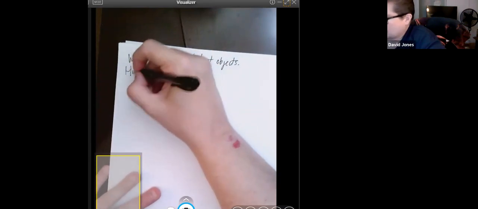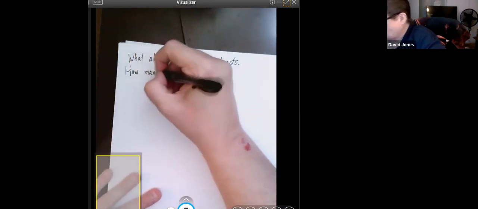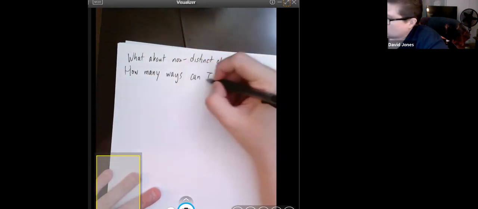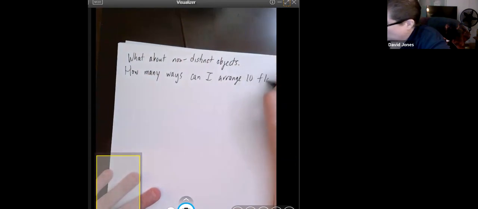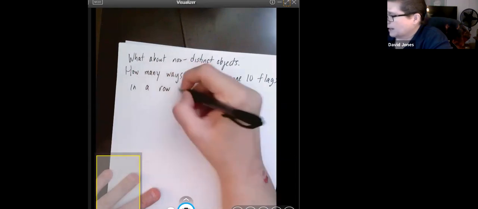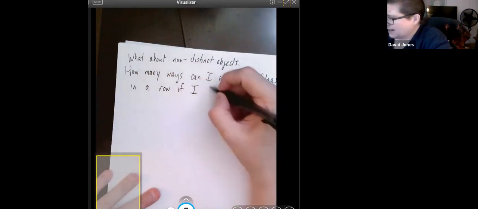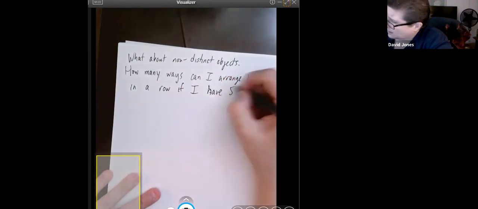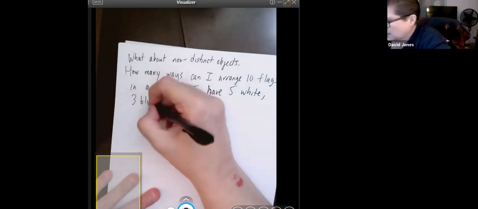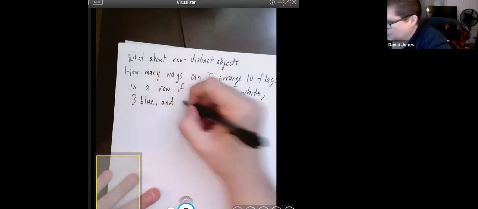How many ways can I arrange 10 flags, let's just say in a row, if I have 5 white, 3 blue, and 2 red flags?